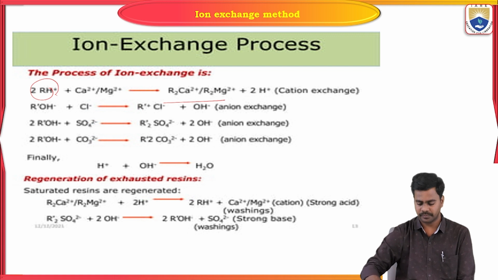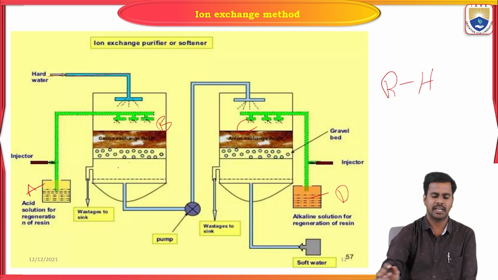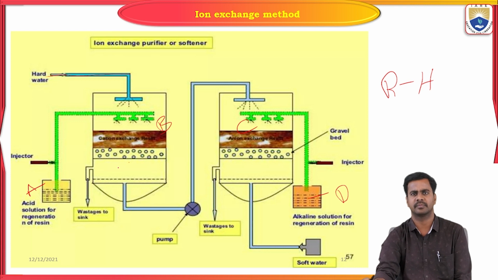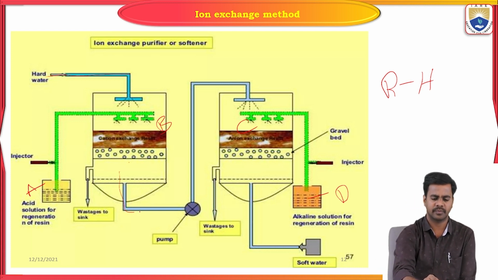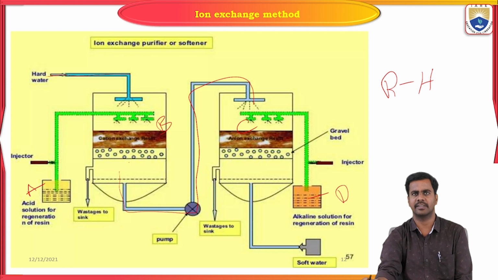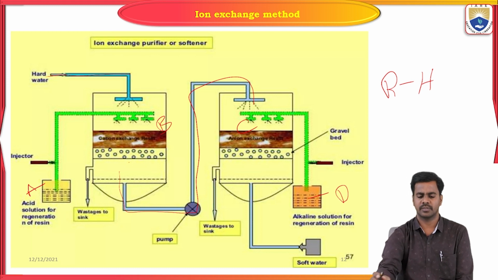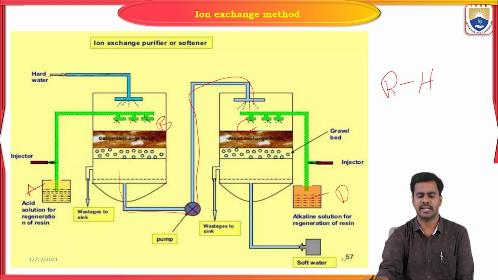Okay. So after removing cations, the same hot water is passed into another tank, that is tank C, which contains anionic resin.